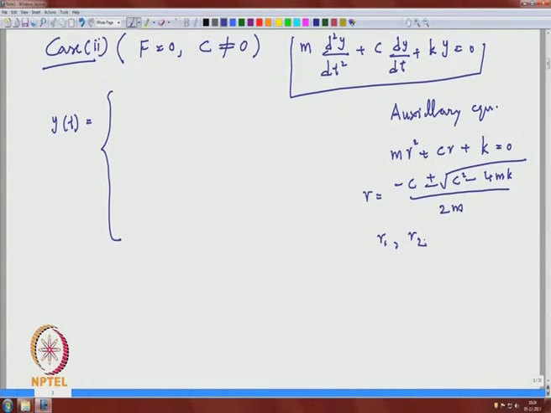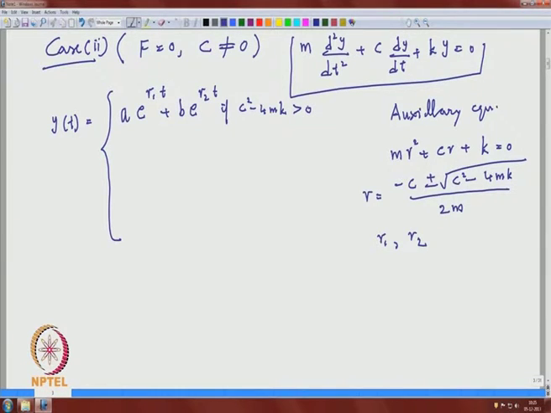If c square minus 4mk is positive, you have two real roots, and when it is 0 there is a double root, and all of them you know. Accordingly, you can write down the solutions. It is A e power r1 t plus B e power r2 t if c square minus 4mk is positive.